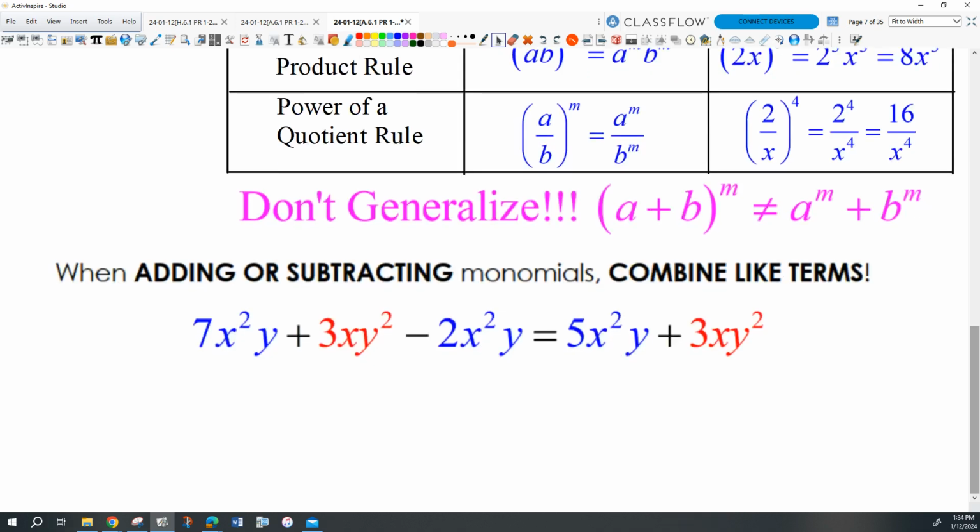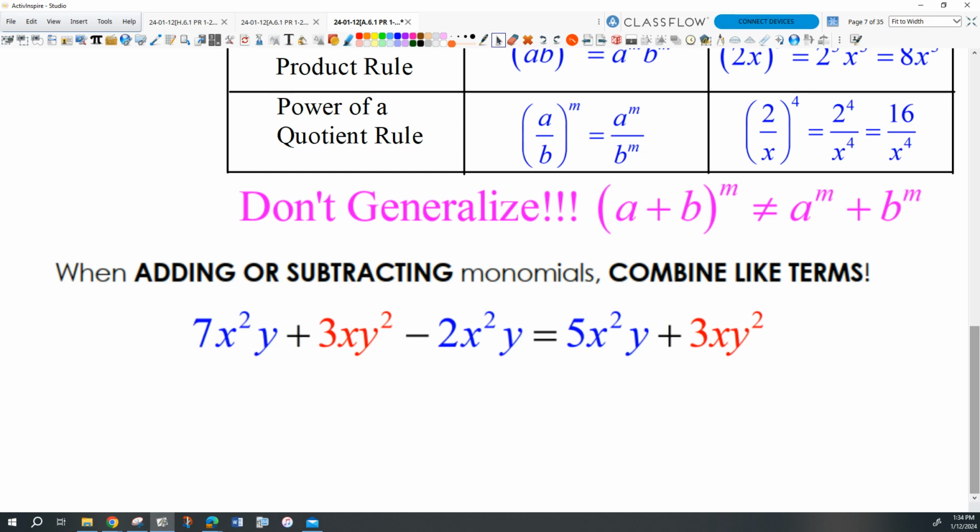One last thing before we flip the page. This is not really an issue for the first couple of sections, but when we get into polynomials, which is where we're going with all this, it becomes important. When we're adding or subtracting monomials like that example, where I've got two blue terms and a red term being added together, how come the blue monomials can be combined and the red one can't?